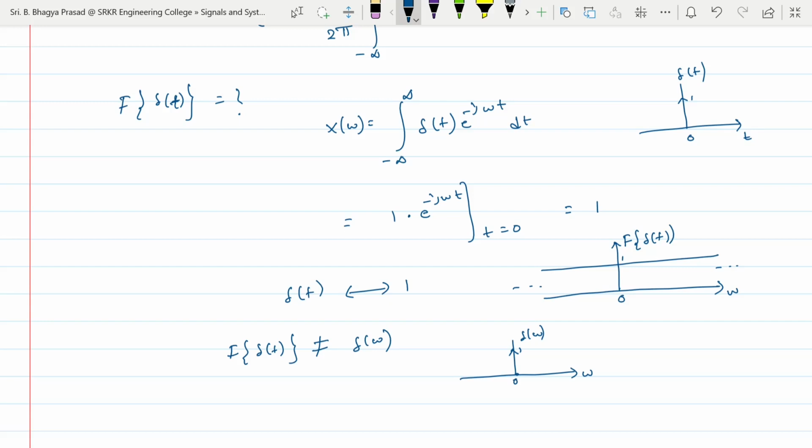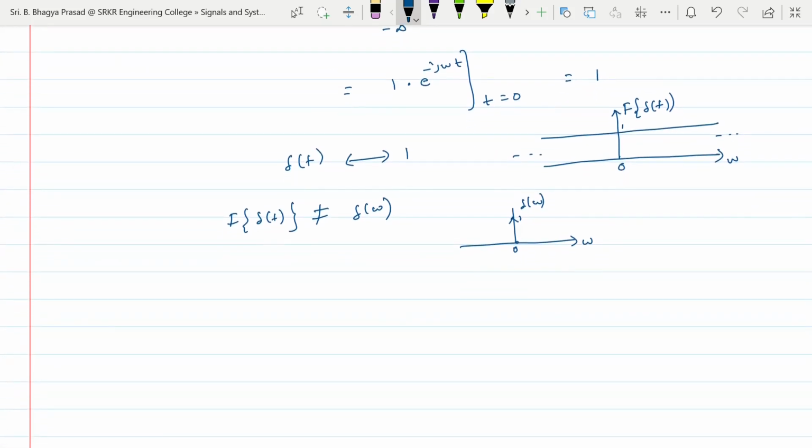Delta indicates that for whatever independent variable, at 0 the value is 1. That is the impulse function. It may be time, it may be frequency, or it may be any other independent variable.